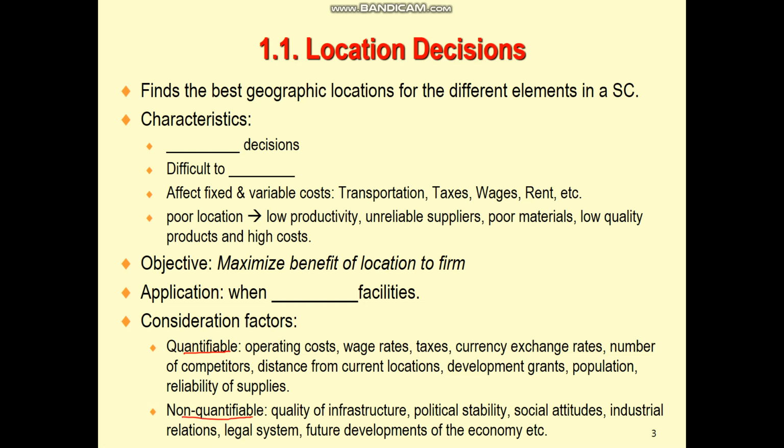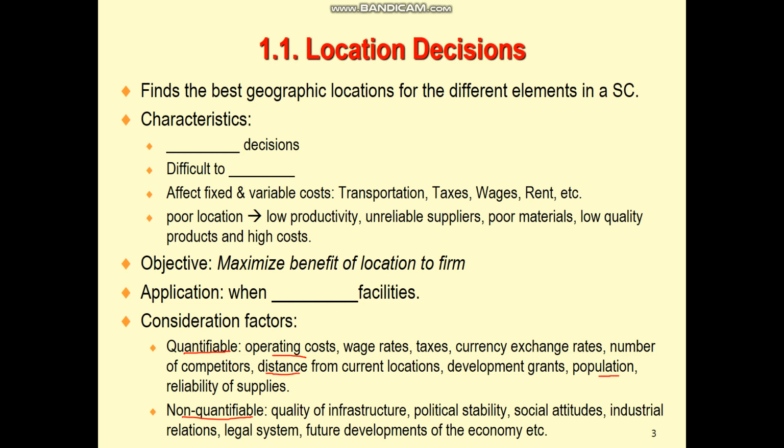So what are quantifiable factors? Those are factors that can be calculated or counted, they are countable. For example, operating cost or wage rate or tax or currency exchange rate or number of competitors or distance or population.